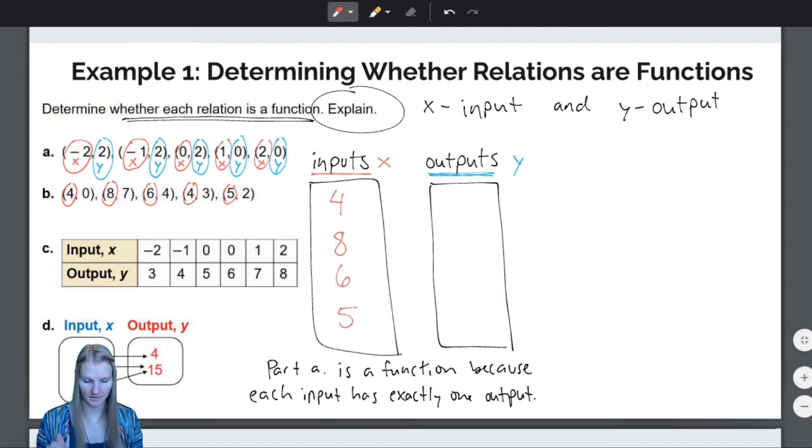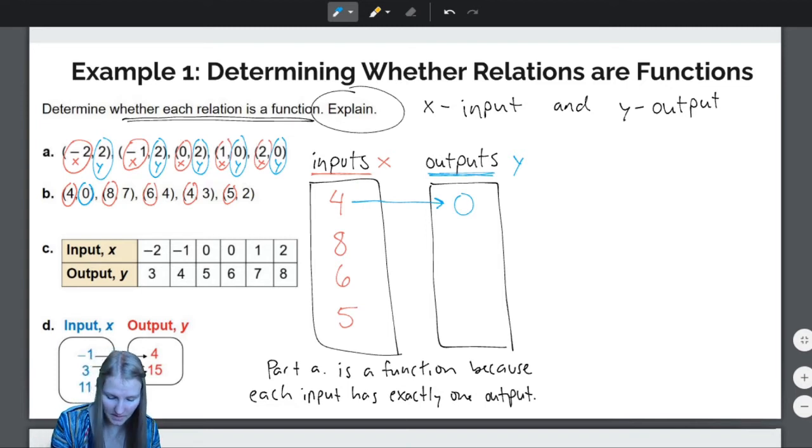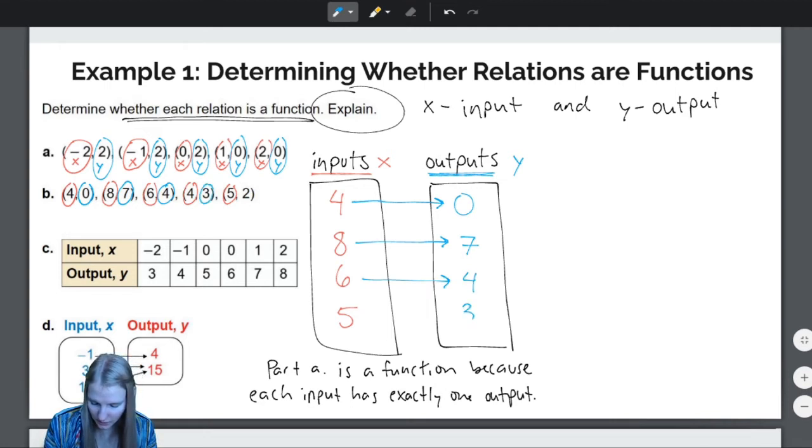Okay, awesome. And my outputs, or my y's, I have 4 goes to 0, 8 goes to 7, 6 goes to 4, 4 goes to 3.